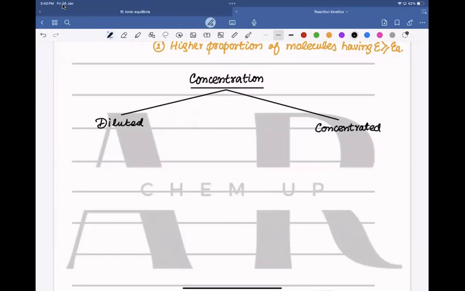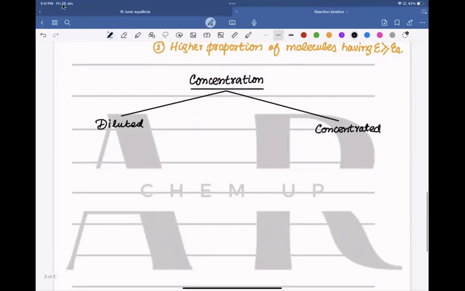So a solution can be considered as either diluted or concentrated.